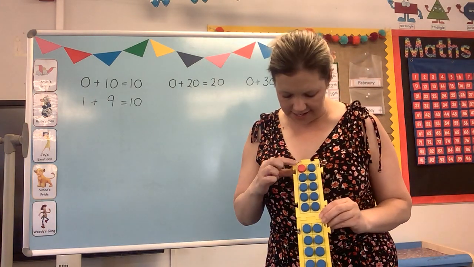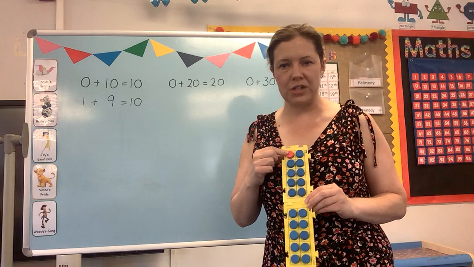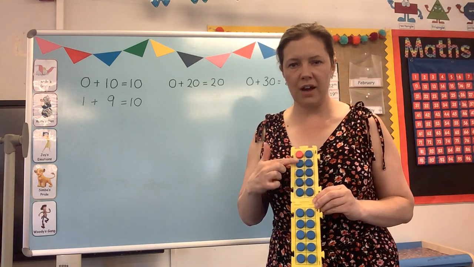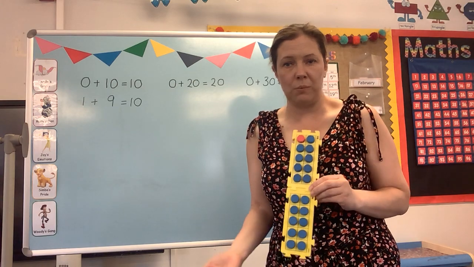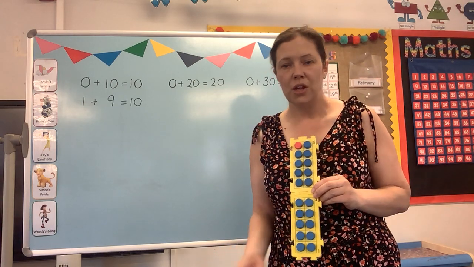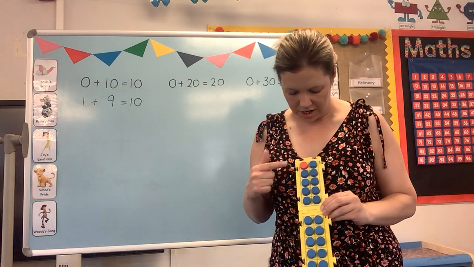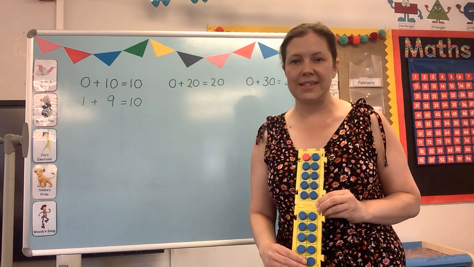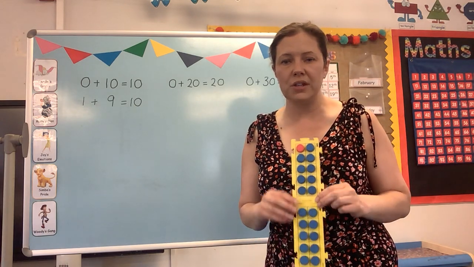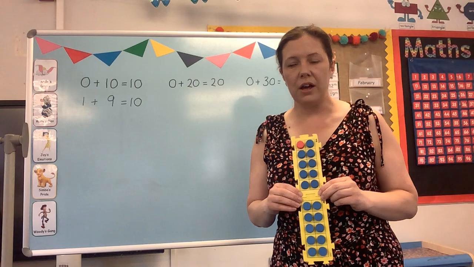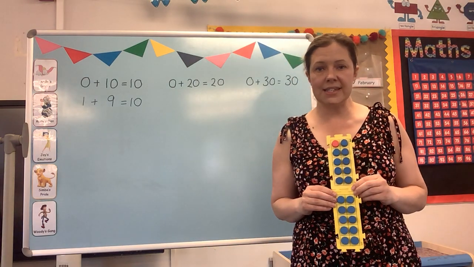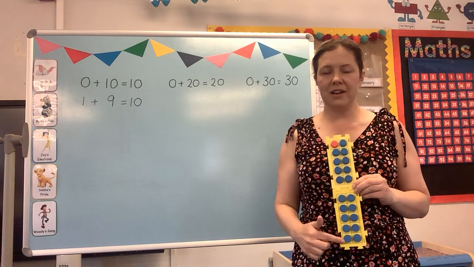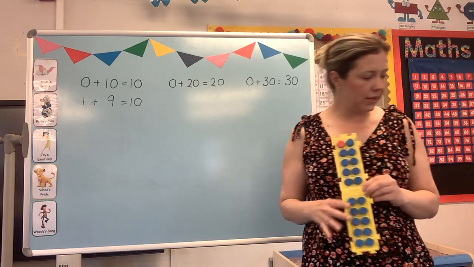So then we can see that we've got our 1 good apple and there's our 9 bad apples, and all we've got to do is add another 10. That's how we work out the ways of making 20. We can use 10 to help us. So we've got 9 and then we add 10 more. And 10 and 9, if we use our place value, we know that 10 and 9 ones is 19, isn't it? So we've got 1 add 19 equals 20.